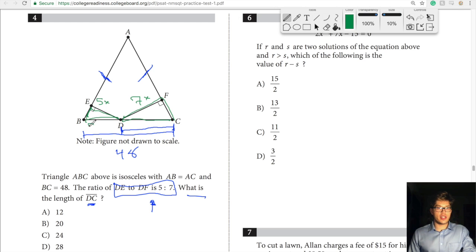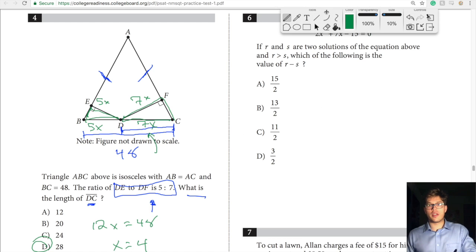So BD can be 5x and DC can be 7x. When we add them together, we get 48. So 5x plus 7x is 48, or in other words, 12x equals 48, and so x equals 4. Obviously 4 is not the answer. We need to multiply it by 7, and 4 times 7 is 28. So D is our answer on number 4.